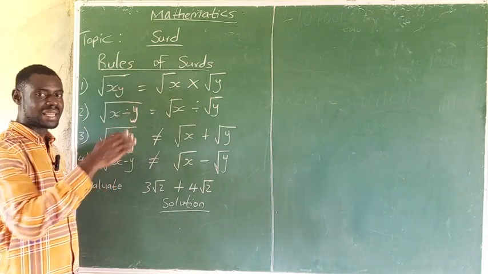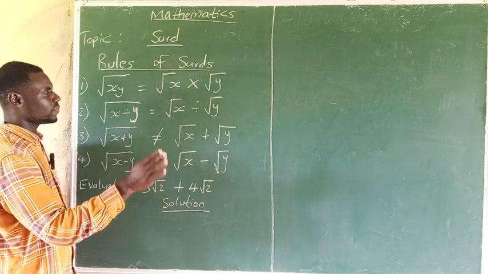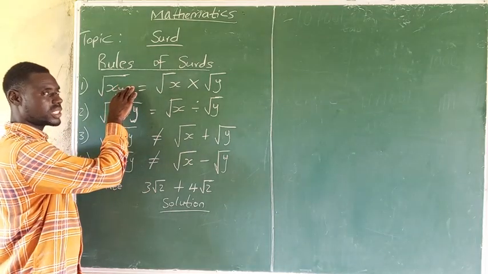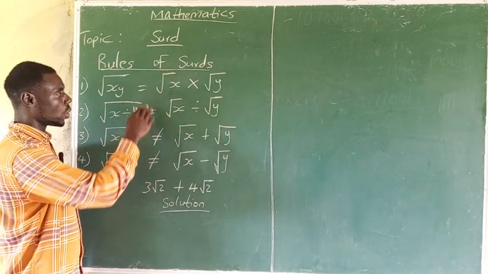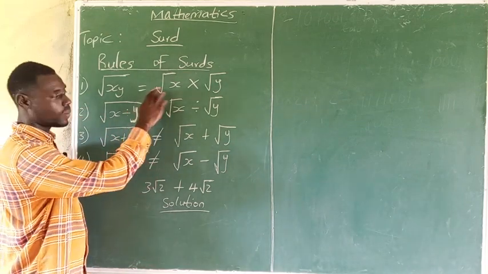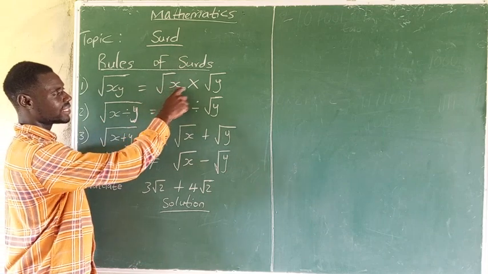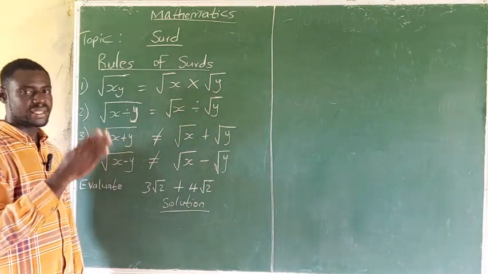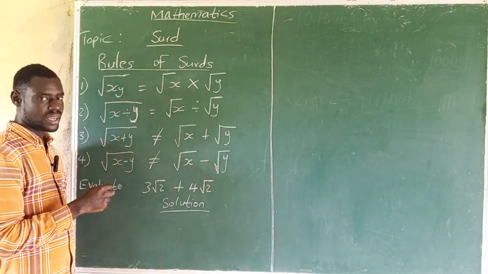Maybe one of them is rational, while the other one is non-rational. Now when we have a concept like this, it is equal to the square root of x times the square root of y. So you will separate the 2 variables that multiplied to give you this single variable here.